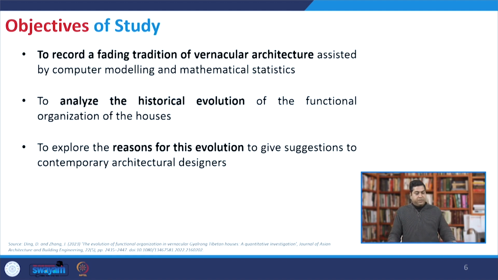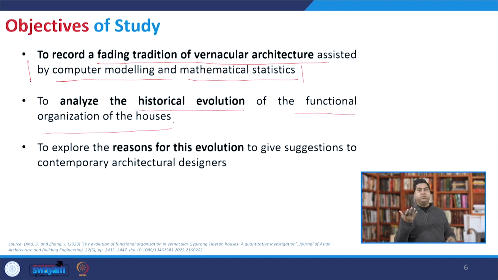Now, hence the objectives of the study are, first, to record a fading tradition of vernacular architecture assisted by computer modeling and mathematical statistics. So in this case, definitely a quantitative approach has been used. The second objective is to analyze the historical evolution of the functional organization of these houses, how the form evolved over time.